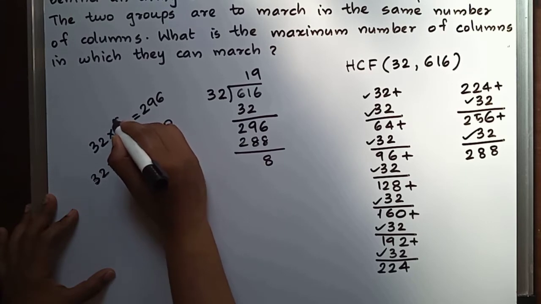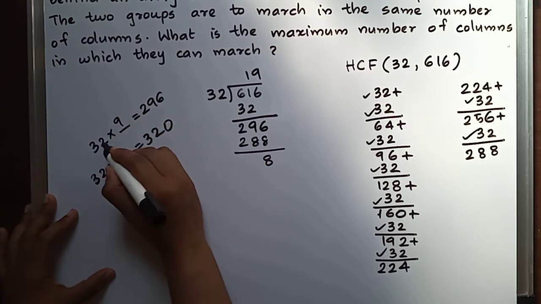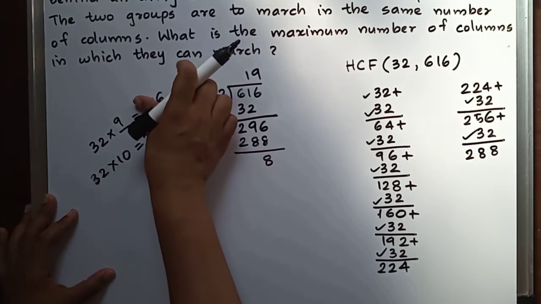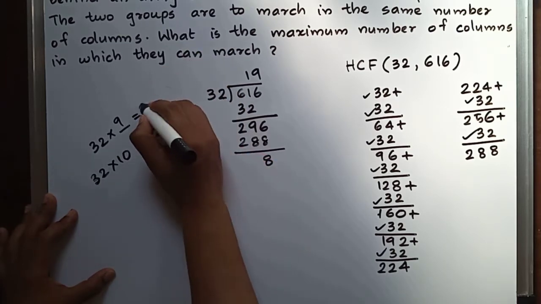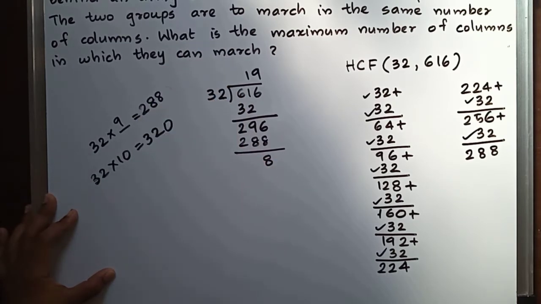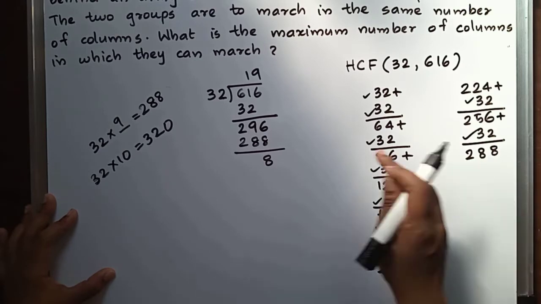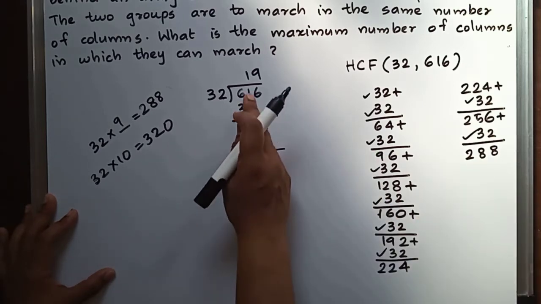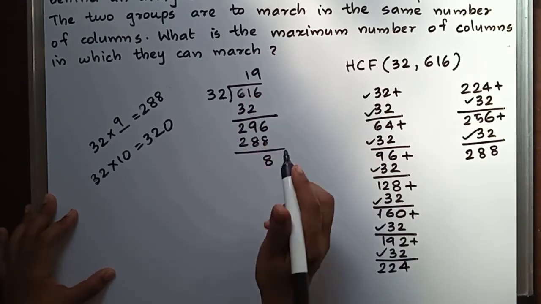So we can just multiply 32 by 9, and like that we will get 288 itself. You can choose this method or that method. Anyways, we divide it like this and the remainder is 8.